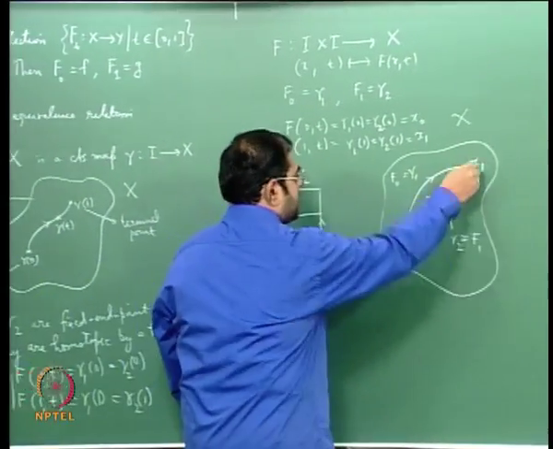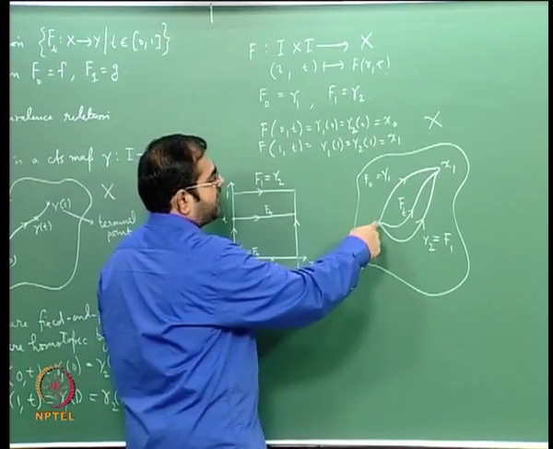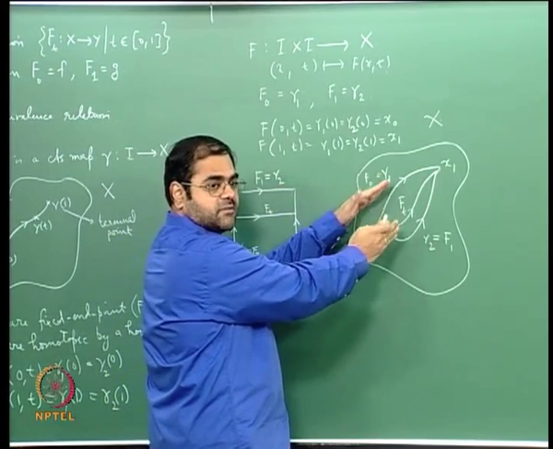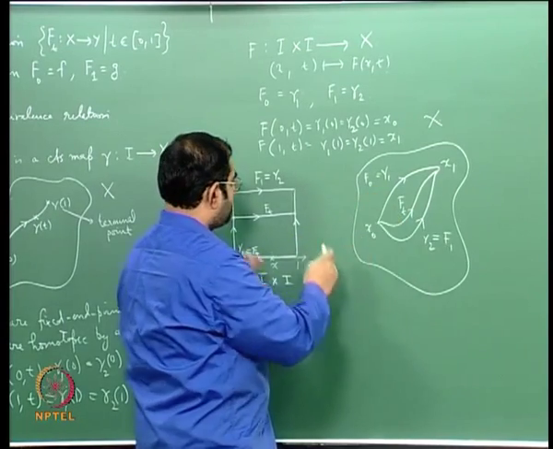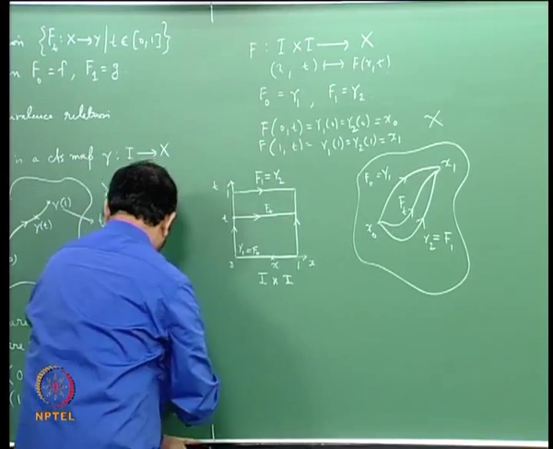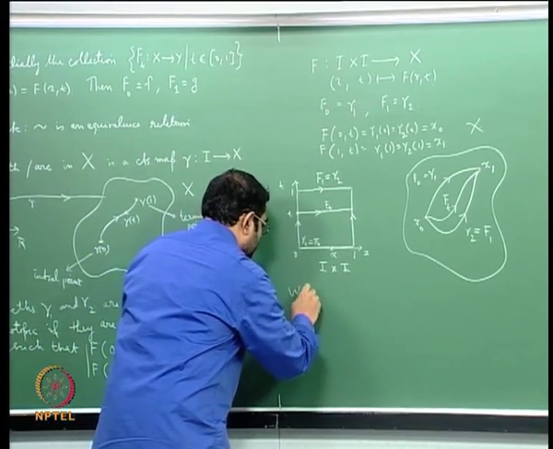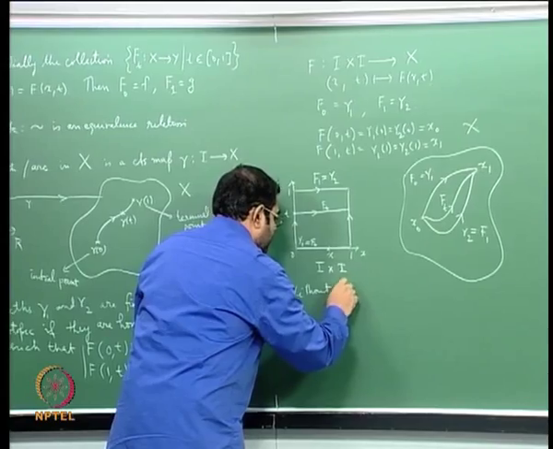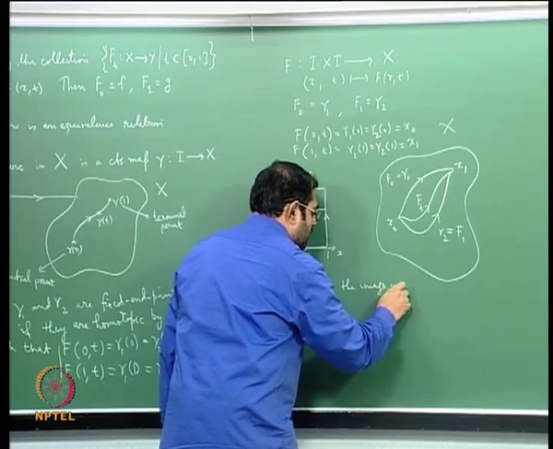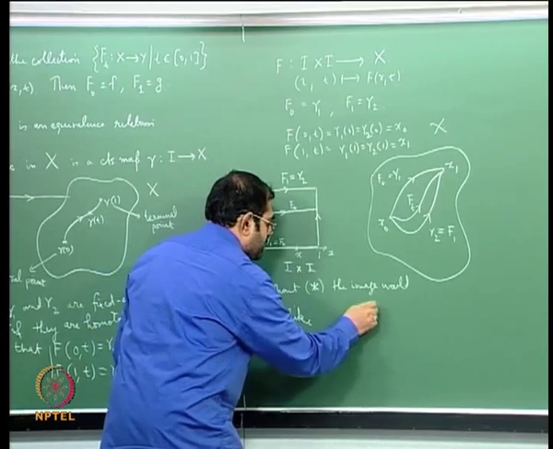And of course the endpoints have been fixed. In fact, the way I got this diagram, you can think that if I didn't fix the endpoints, what I would get is something that looks like a twisted image of the square. So if I hadn't put this condition, let me call this condition star, without the condition star, the image would look something like the following.